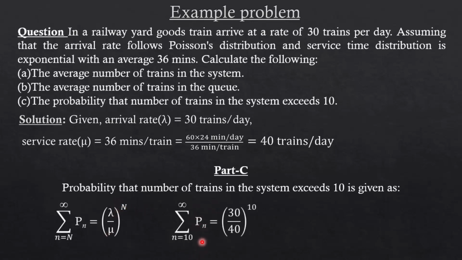So this is the formula. And now let us calculate this part. So this will be 3 by 4 to the power 10, and it will come as 0.0563 or 5.63%. So the probability that the number of trains in the system exceeds 10 is 5.63%.